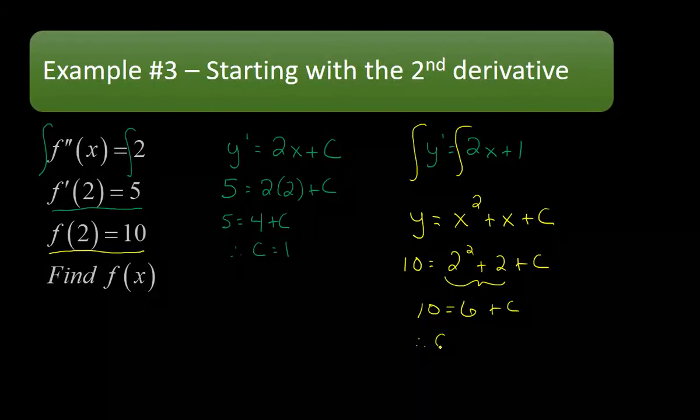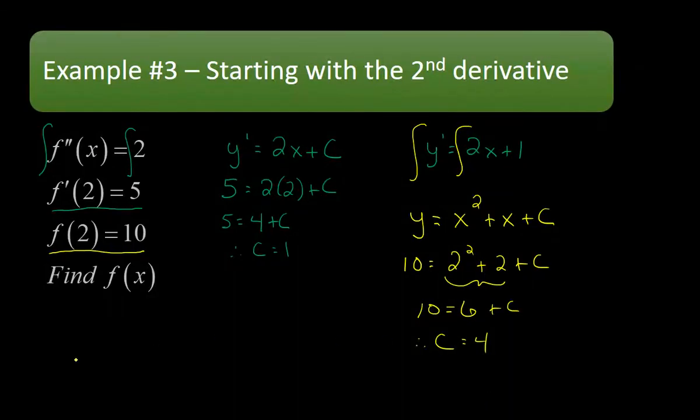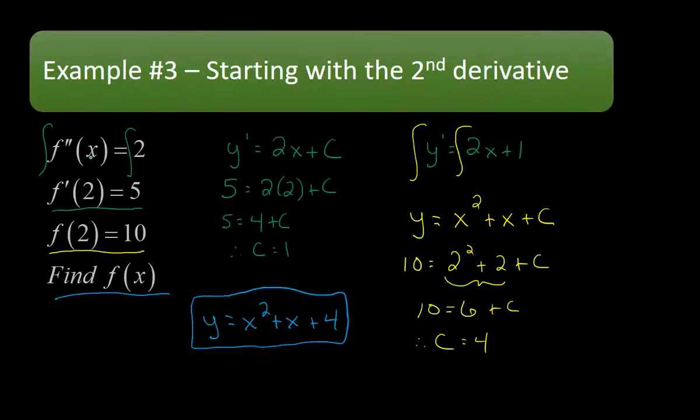So therefore, c is going to equal 4. So that means that our original f of x, we're going to have y equals x squared plus x plus 4. There is our particular solution, starting with the second derivative, and we had to do it twice.